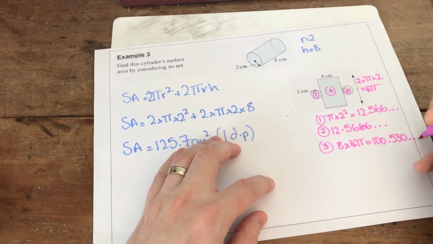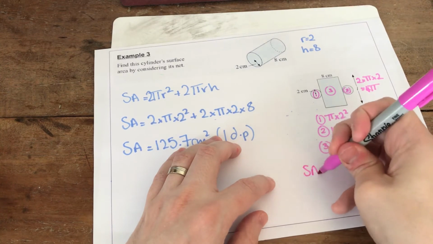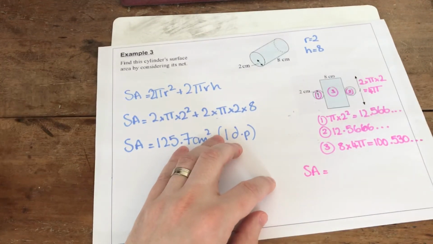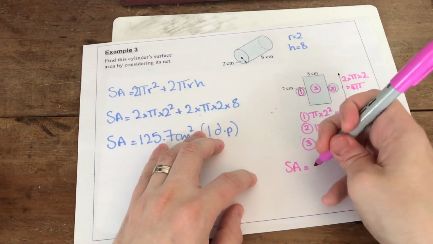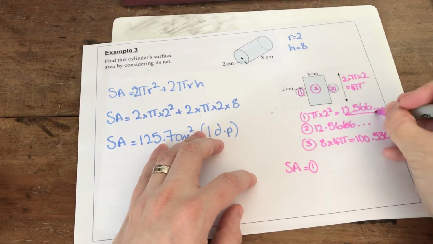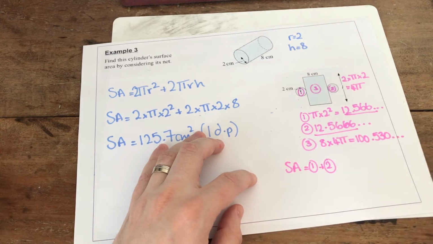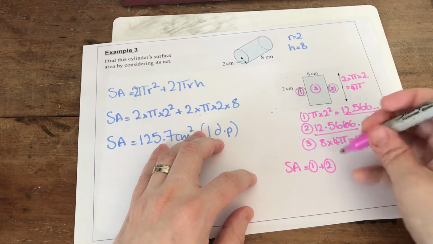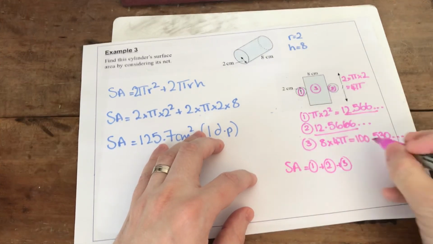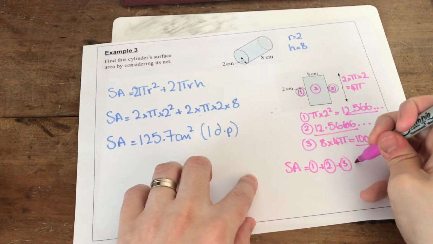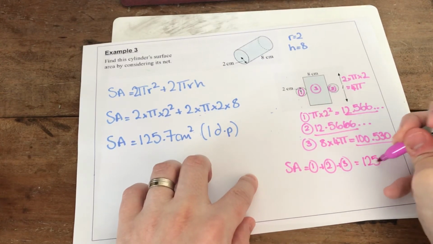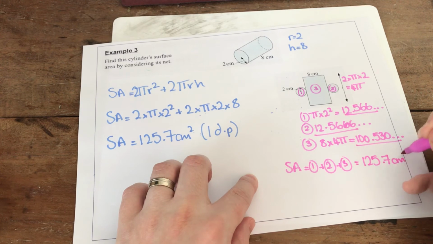Doing it this way, my surface area is my area for the first circle, add together my area for my second circle, and my area for my rectangle. And again, it gives me that.